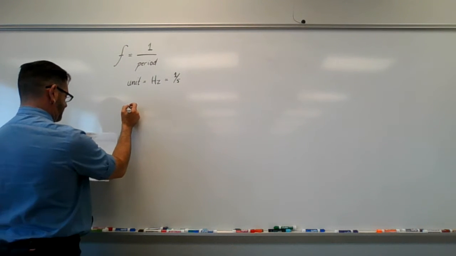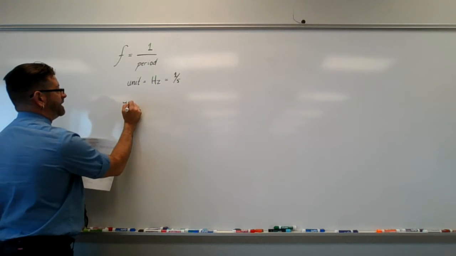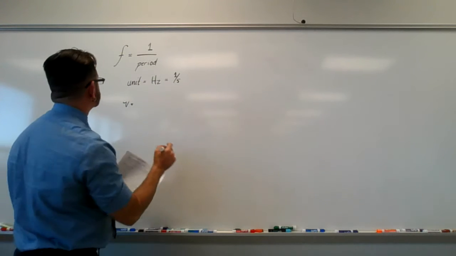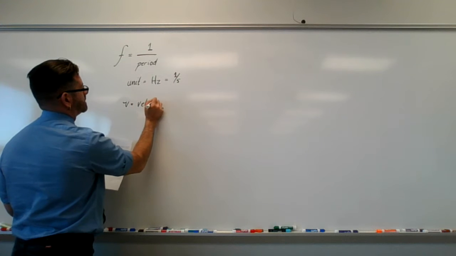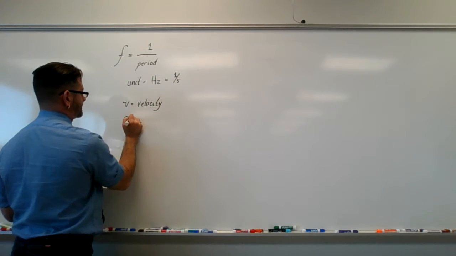So the velocity of the speed of light, we always give velocity as v, except in this special case with light. And for light, we use the lowercase c.